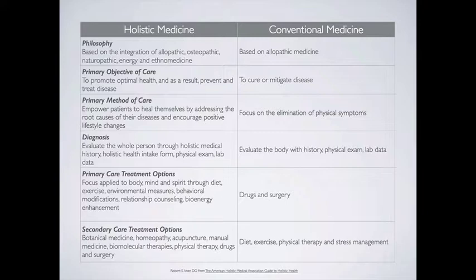Manual medicine is where the osteopathic, chiropractic, and naturopathic practitioners learn manual medicine, relieving subluxations in the spine and doing adjustments to get energy flowing through the body better and releasing some structural problems. Biomolecular therapies, I'd put your vitamins and supplements in there. Physical therapy, and then drugs and surgery.